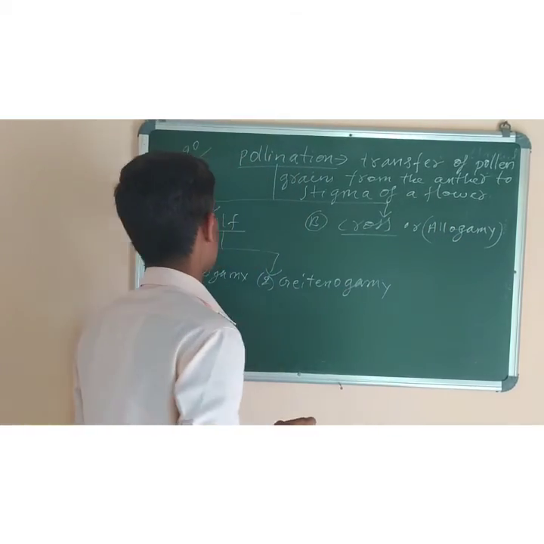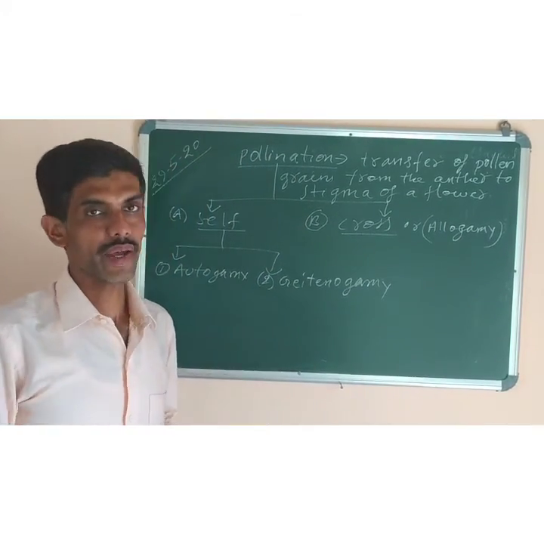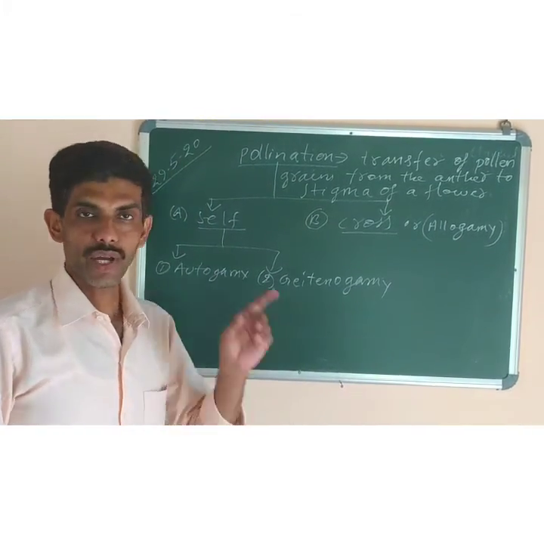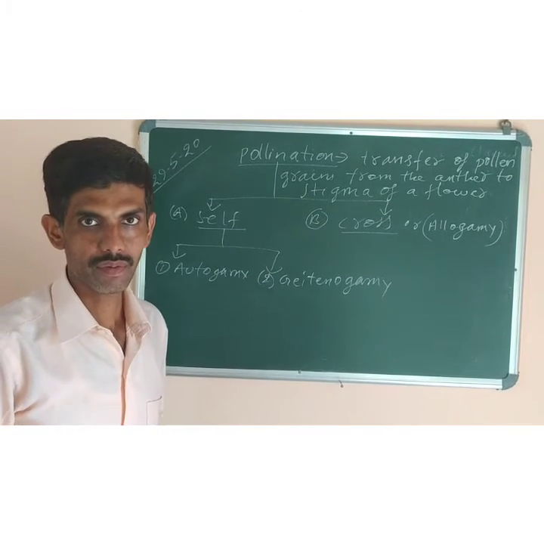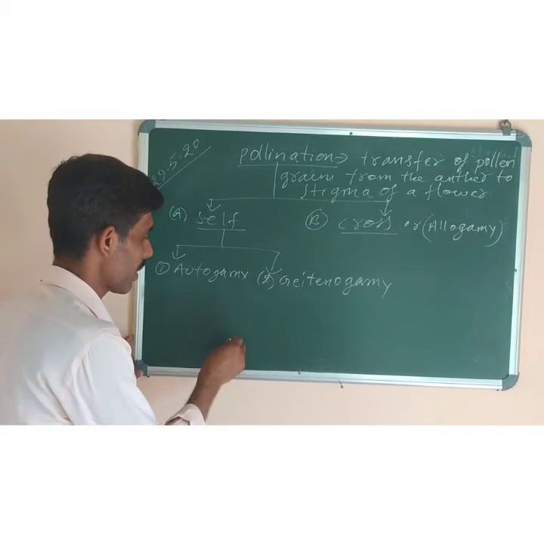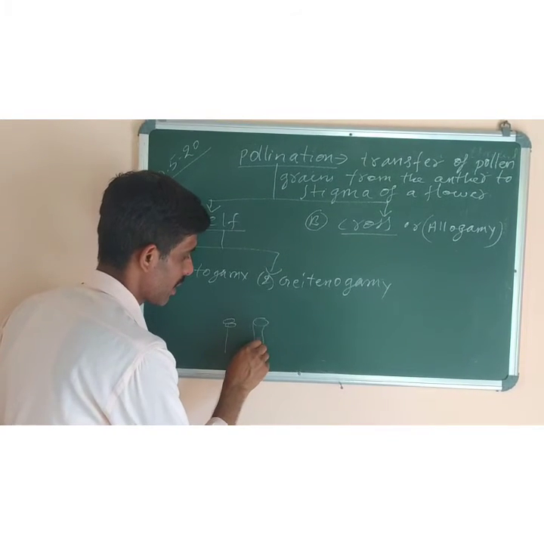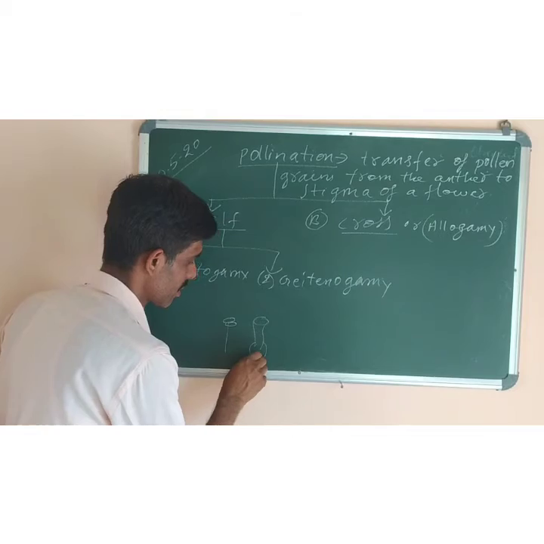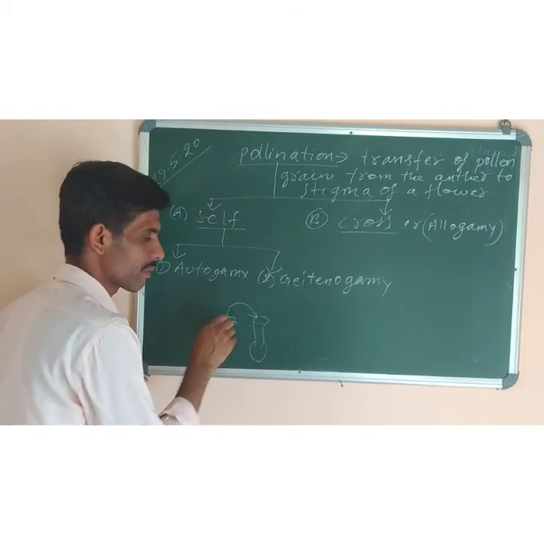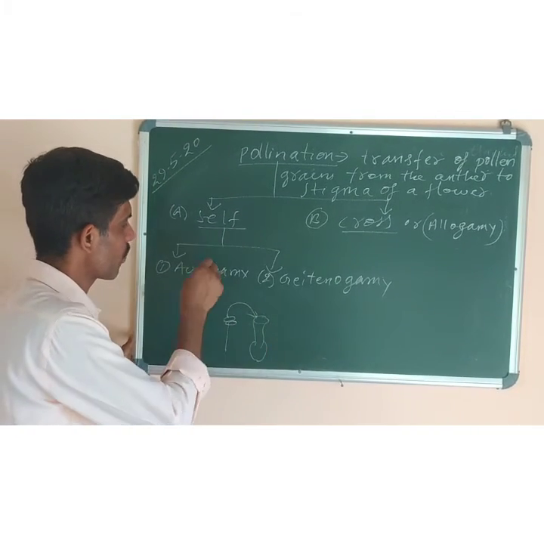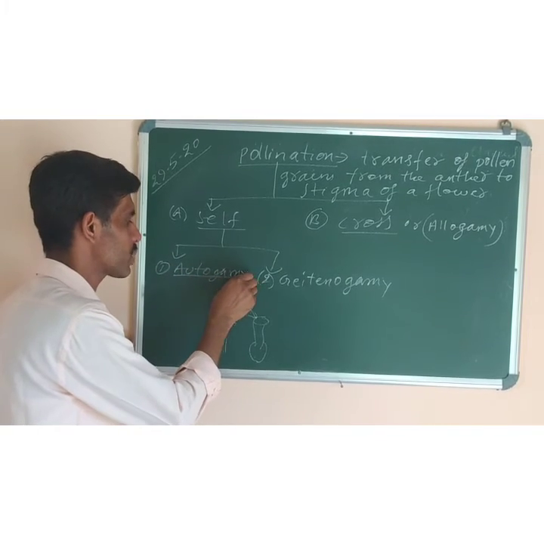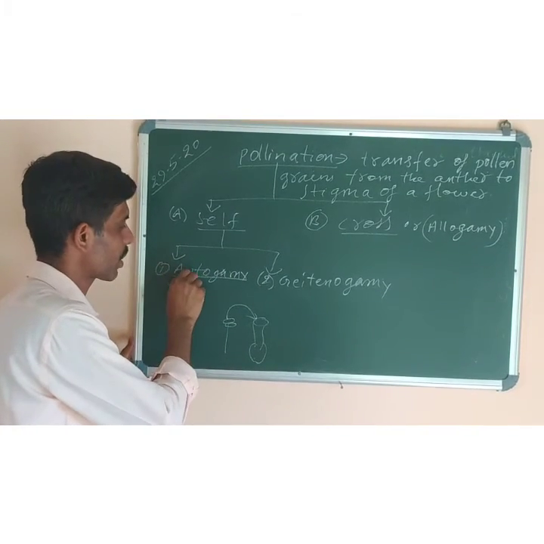Okay, now look. First one is self-pollination. How to define it? Self-pollination is transfer of pollen grains from the anther of a flower, like this is the anther of the flower, to the stigma. From anther to stigma, if transfer of pollen occurs within the same flower, it is called autogamy.